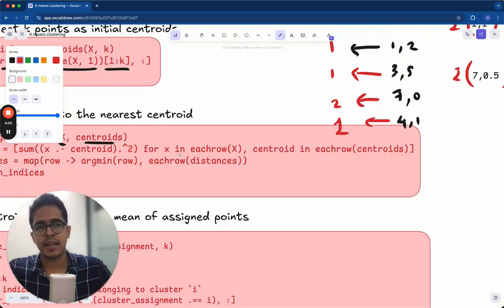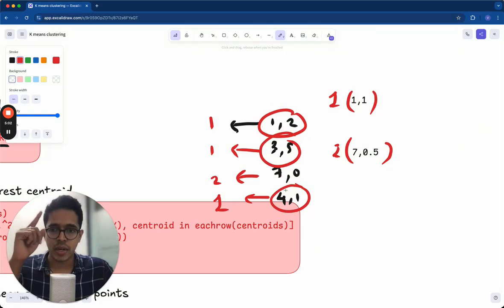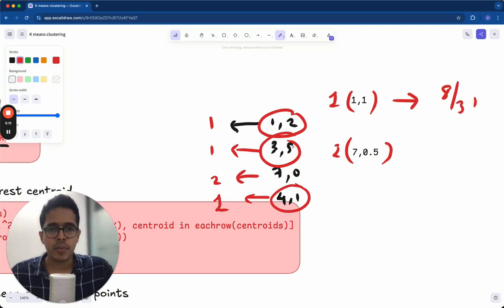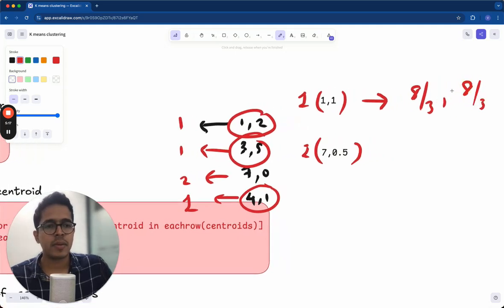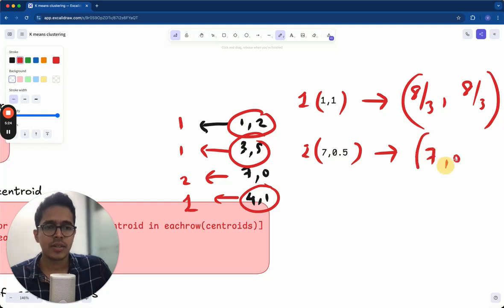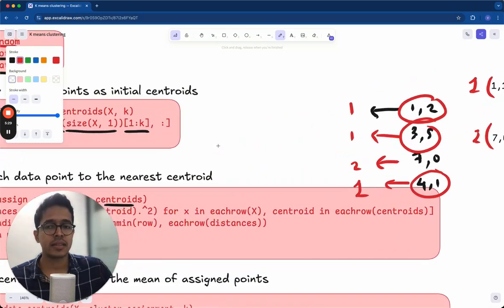So these 3 data points belong to cluster number 1, which means the new centroid will be updated to 1 plus 3 plus 4, which is 8, 8 by 3, comma, 2 plus 5 plus 1, 8, and again 8 by 3. So 8 by 3, comma 8 by 3, right? And the other centroid will be updated to simply 7, comma 0. So this update is done based on the clusters each point is assigned to.